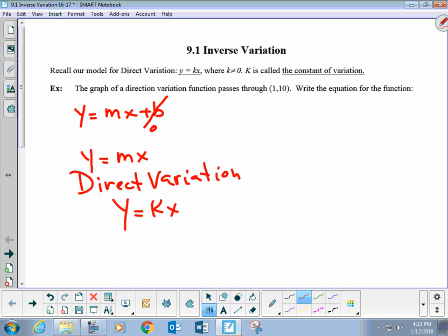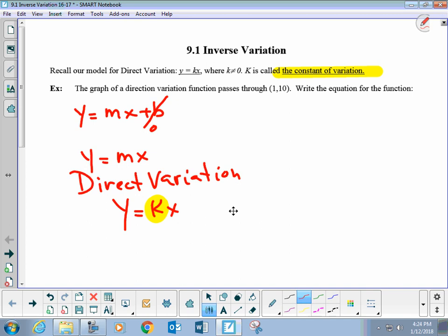So we use a lot of y equals kx when we talk about direct variation. Now this letter k, which was the slope of the line, is what we refer to as the constant of variation. So what is the slope of the line?